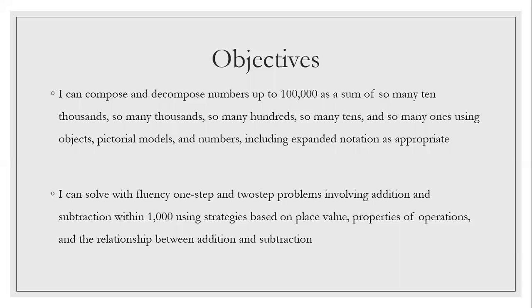I can solve with fluency one-step and two-step problems involving addition and subtraction within 1,000 using strategies based on place value, properties of operations, and the relationship between addition and subtraction.